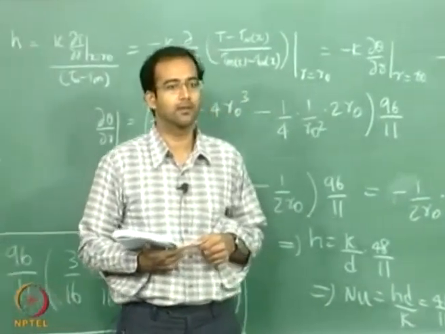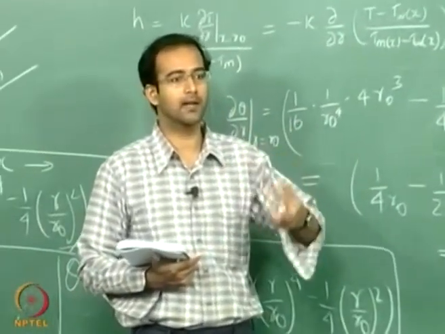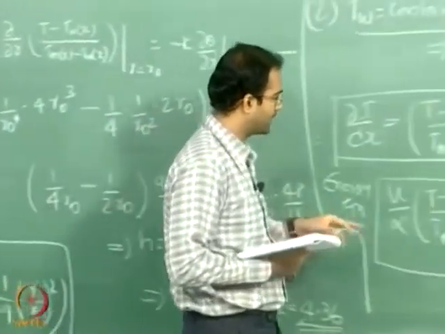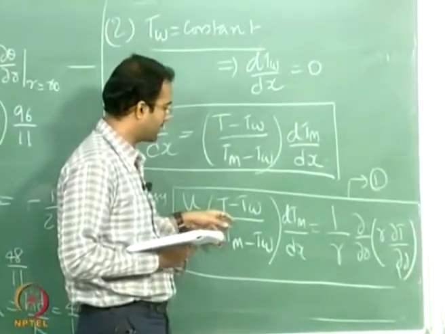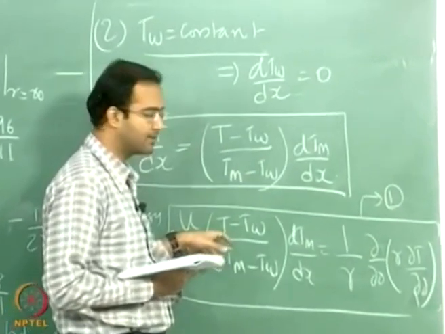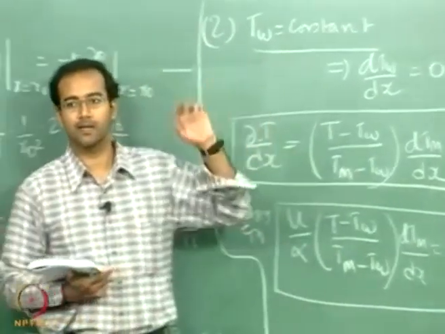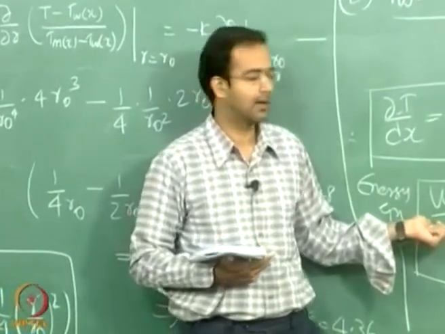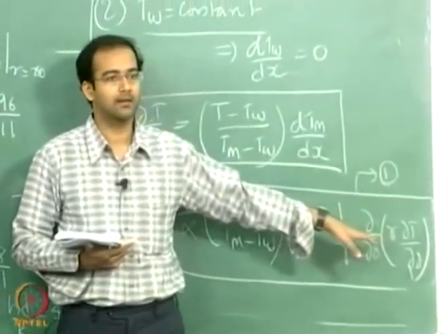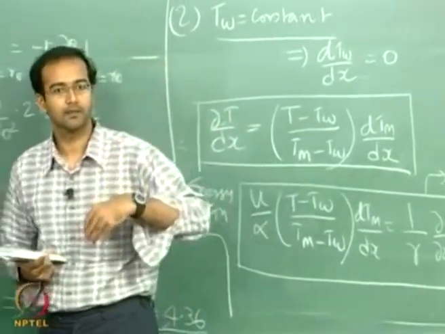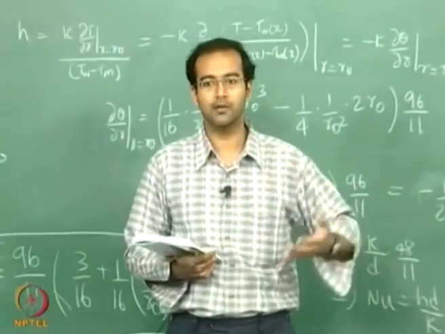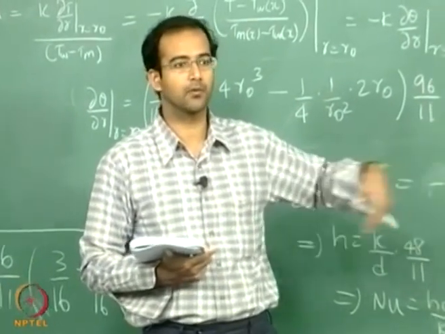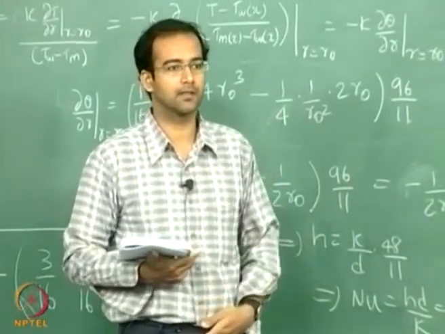So we have to do it numerically and also iteratively. One way of doing it is you can guess some value of temperature profile, preferably from the earlier constant heat flux case, and substitute it as a first guess, and then you can integrate it along the radial direction, and again get a new temperature profile and keep putting it on the left hand side and keep doing it until you reach a converged solution.